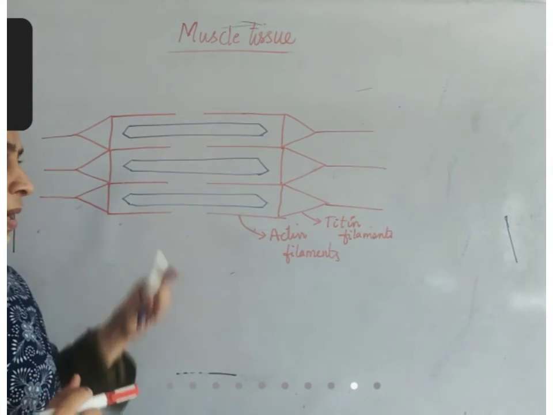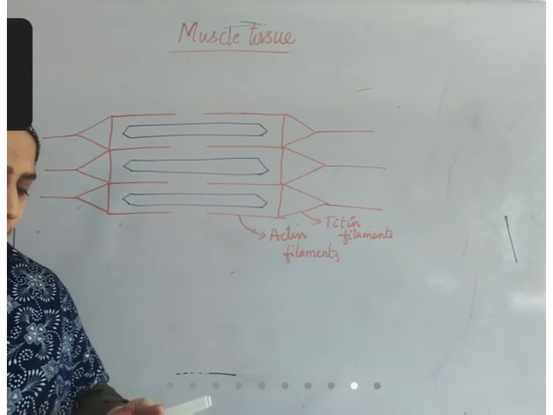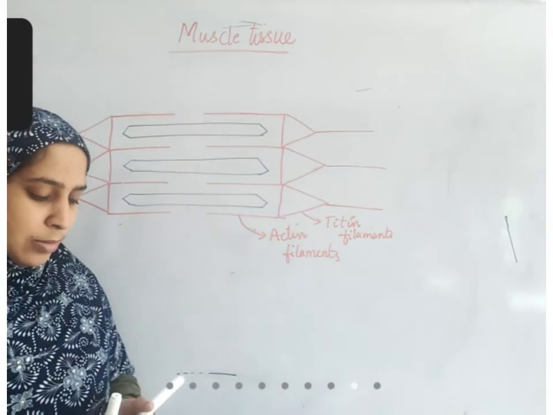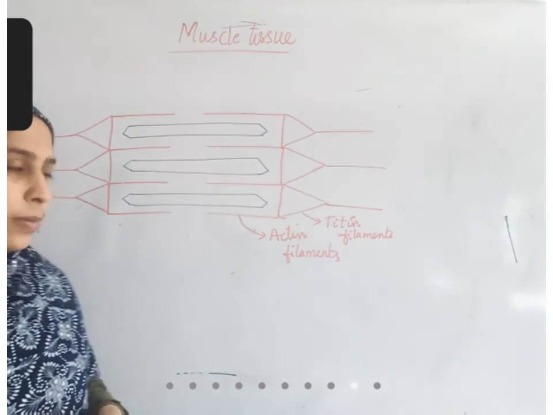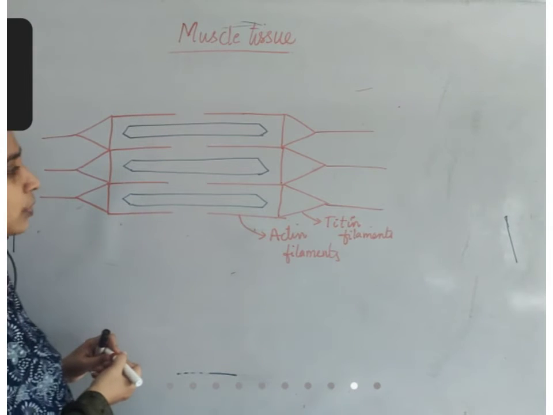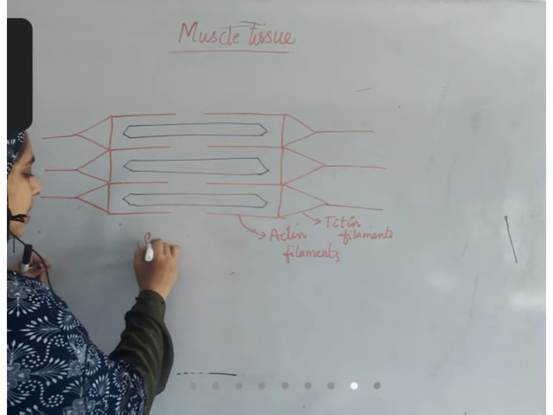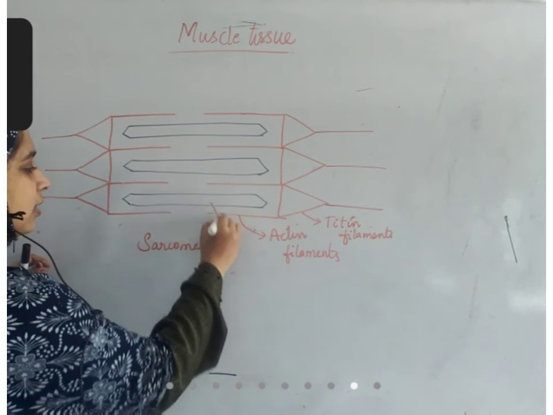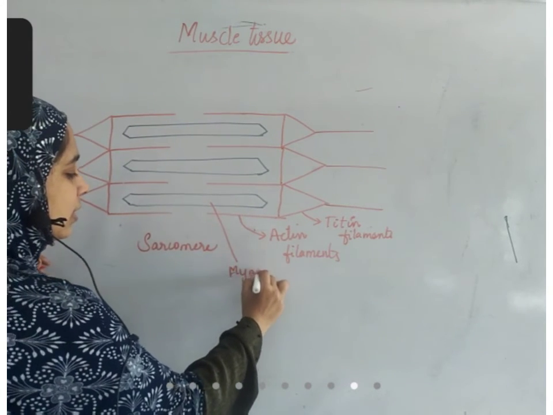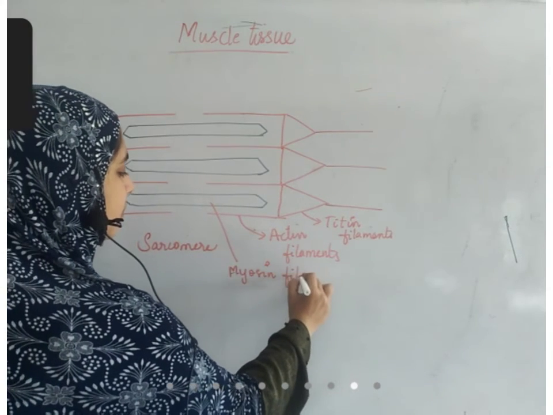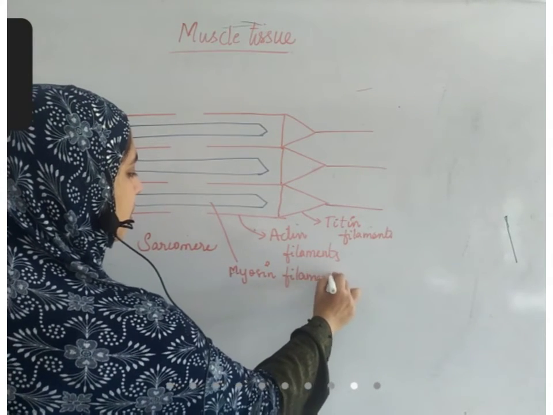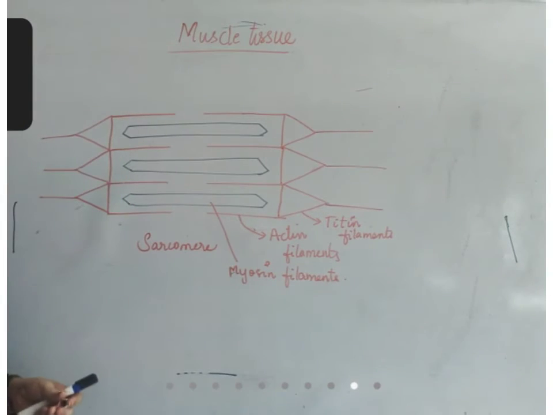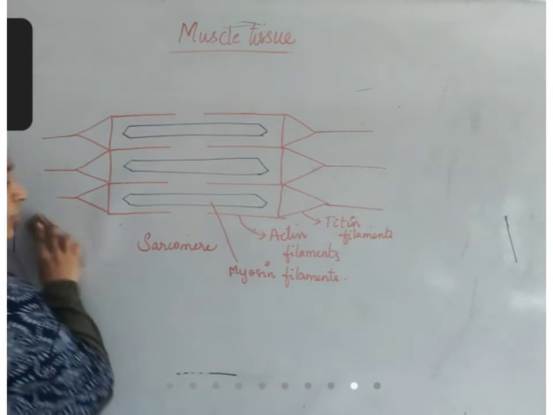So like this, so many sarcomeres will continue, and it forms a myofibril, right? So this is the sarcomere. These are myosin filaments. So this is the structure of a striated muscle.